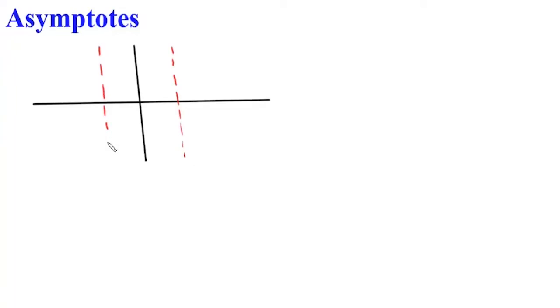then we have drawn lines like these at pi by 2, 3 pi by 2, minus pi by 2, that is at odd multiples of pi by 2. And then we have drawn this graph.